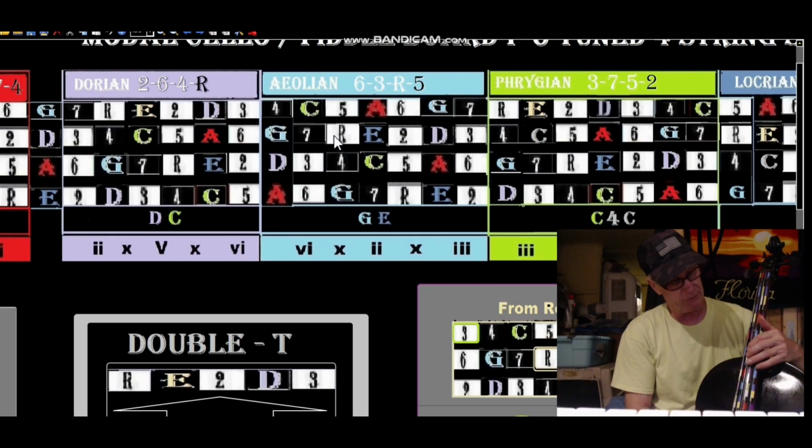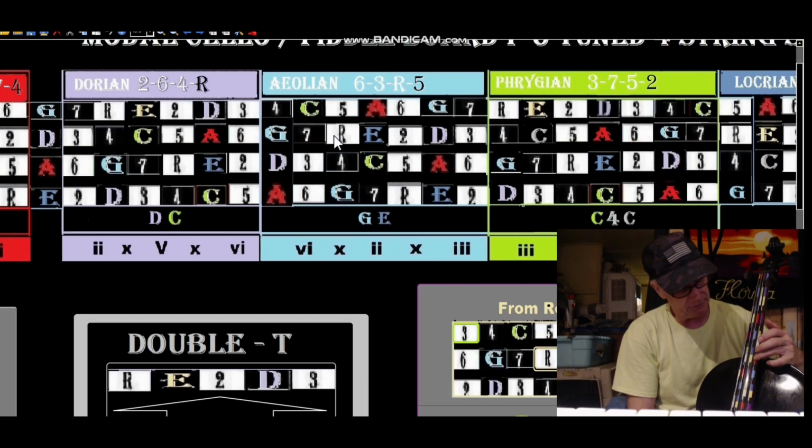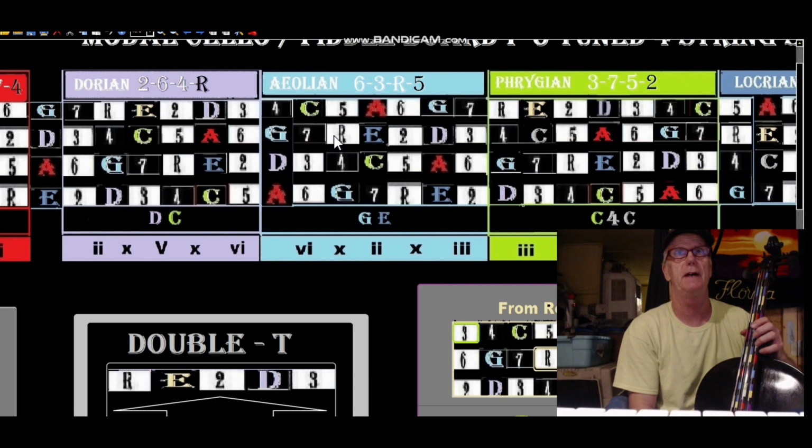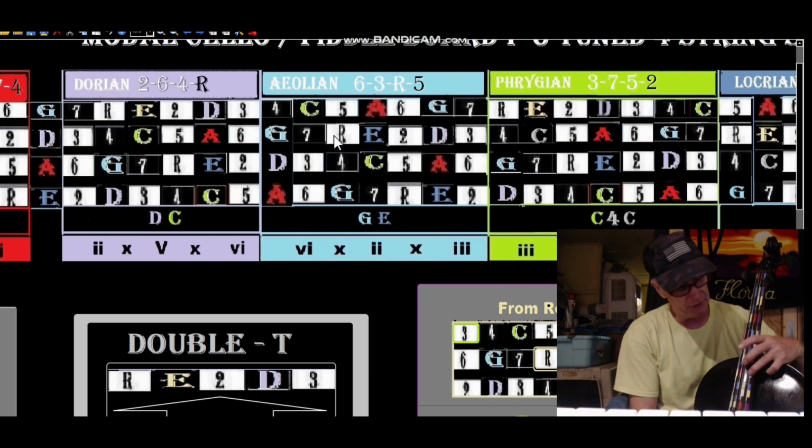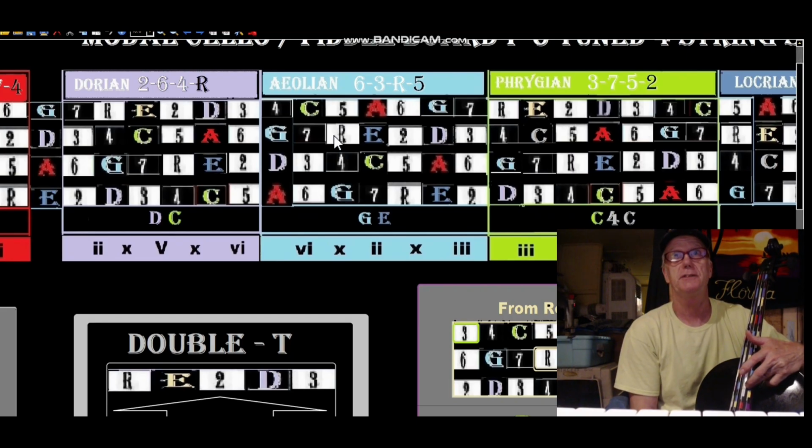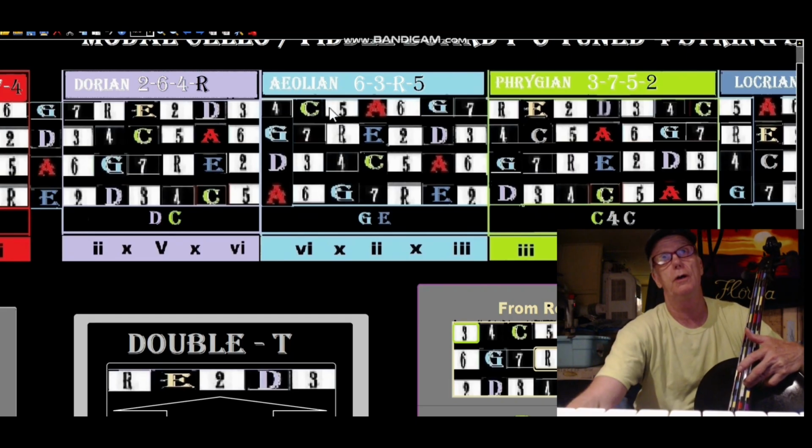Then we have a C, A, 3, 4, 5, 6. Then 7, root, 2, 3. Then back over here, you see the 4 up there on the left. 4, 5, 6, 7.